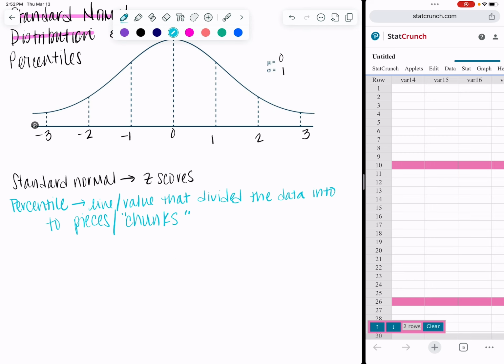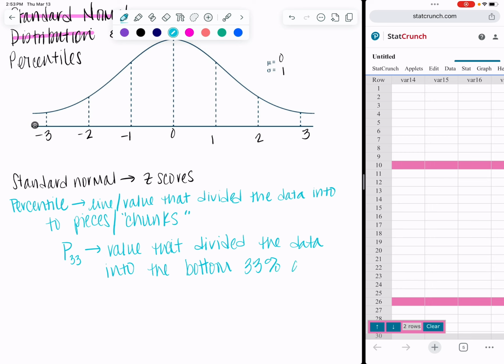So by that, if we had P33, this was the value that divided the data into the bottom 33% and the top 67%.